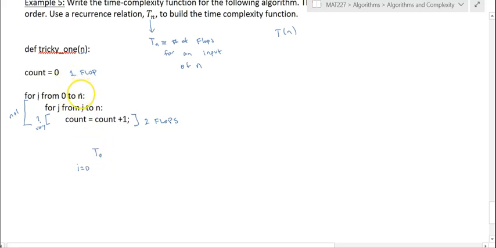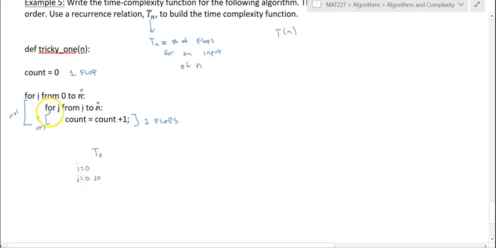So let's plug in some numbers here. Well, this will be 0, and this will be 0, because that's what we're considering right now. And so since the current value of i is 0, j will also be equal to 0. And then it will do this, right? It will generate 2 flops.